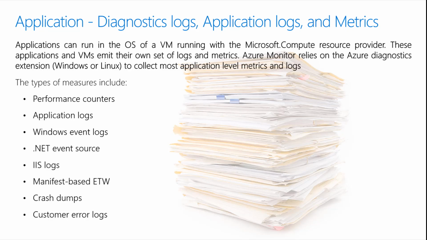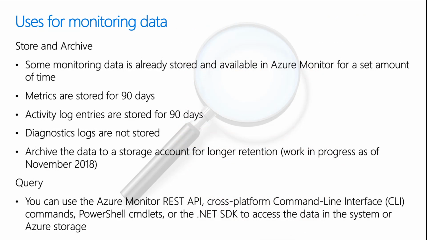And this is a list on the left-hand side of the various types of measures, everything from PerfMon counters to event logs, event sources, manifest-based ETWs, crash dumps, and custom error logs. We can use these things for monitoring data.